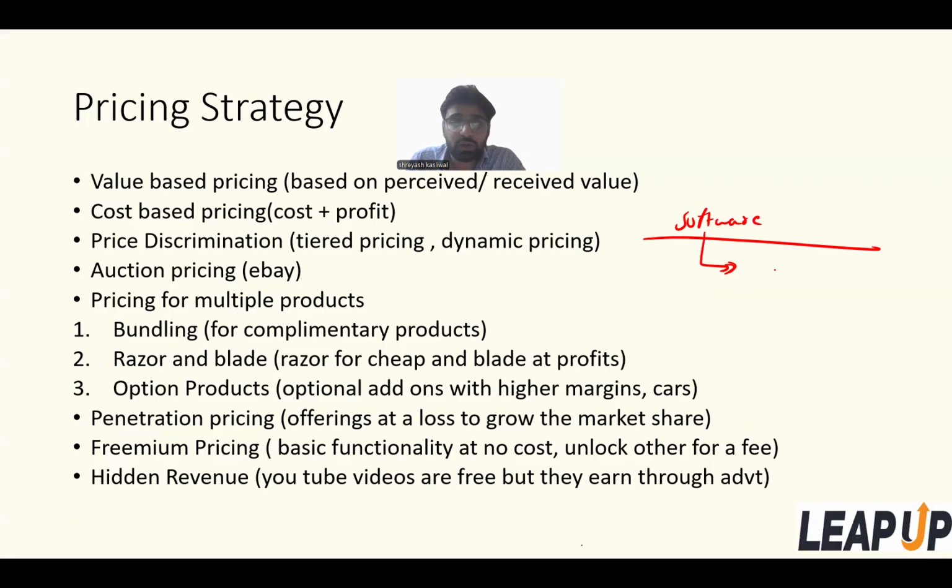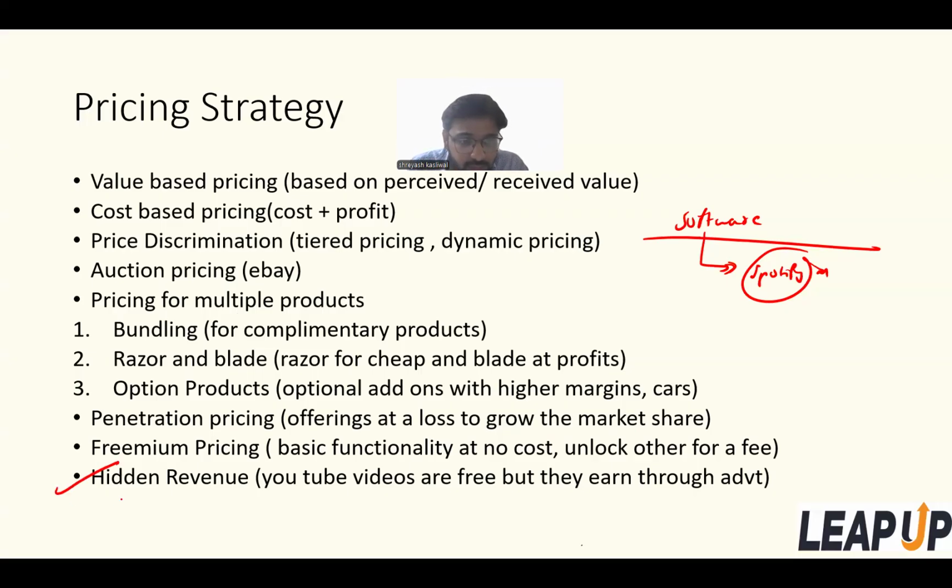Let's take Spotify. You can listen to songs on Spotify for free with advertisements, but if you do not want advertisements and want to unlock the potential of that product, then you'll have to pay a premium price. That's what freemium pricing is, where the basic is free and extra features are charged for.